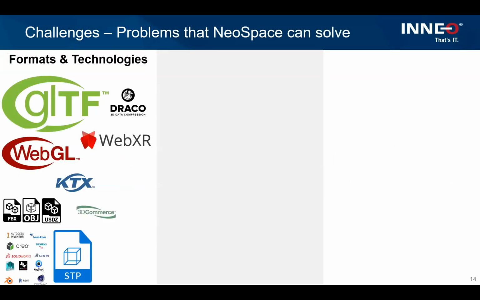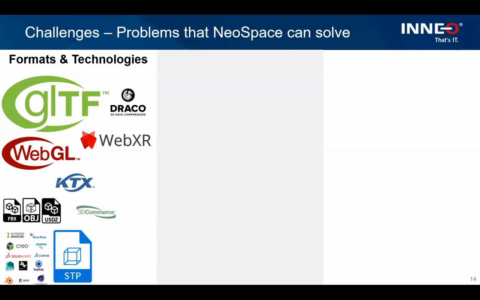To have a look at the challenges our software faces, in our opinion, there are three kinds of challenges. First of all, formats and technologies. Our software supports a wide range of different, very important formats, like the glTF format, for example, which is the first-class citizen in our software.